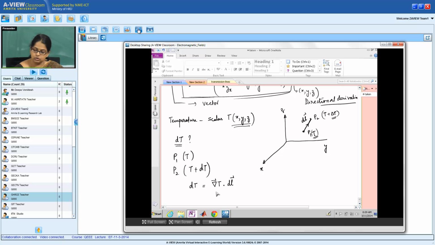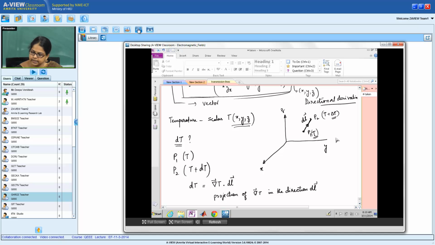So in a way you are finding the projection of del T in the direction dl along which you want to find what is dT. You want to find the dT along dl.